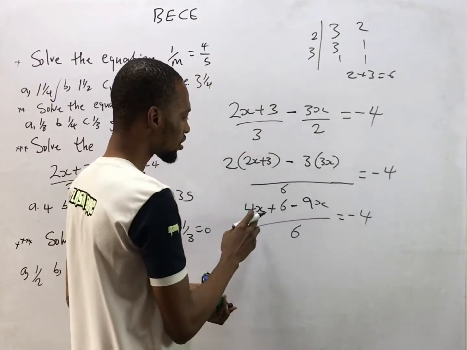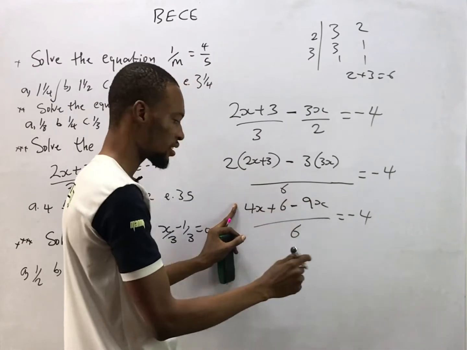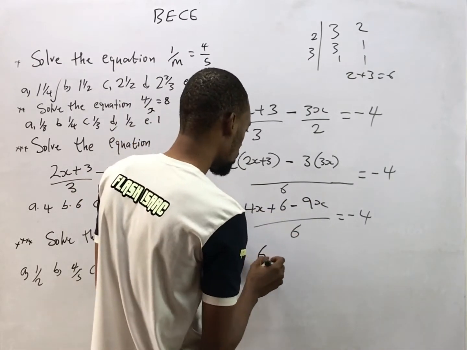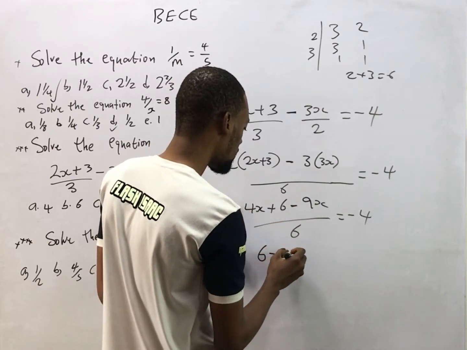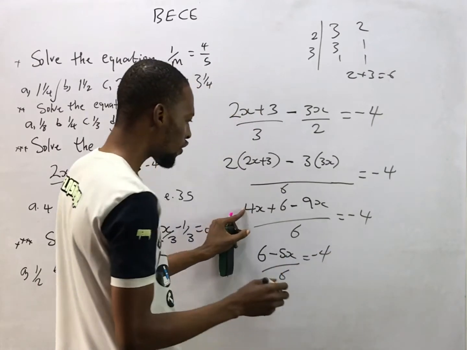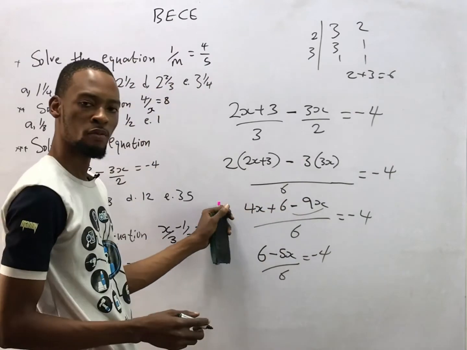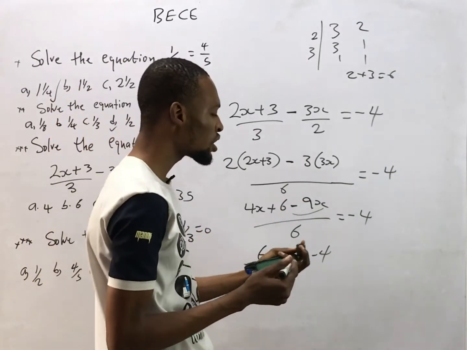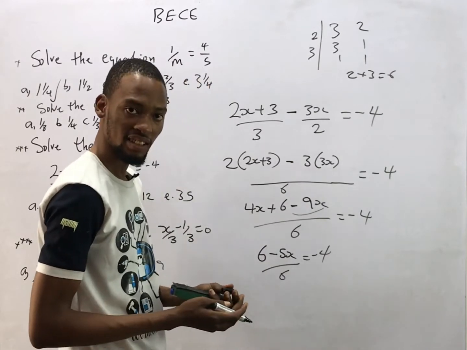So looking at this, we have 4s, we have 9s. They are similar, so we can subtract. So here 6 is on its own. 4s minus 9s should give you minus 5s. 4 minus 9. Minus means you are owing. So you are owing 9, you have 4. So if you pay that 4, you still be owing 5. So it's still minus. Hope you get.